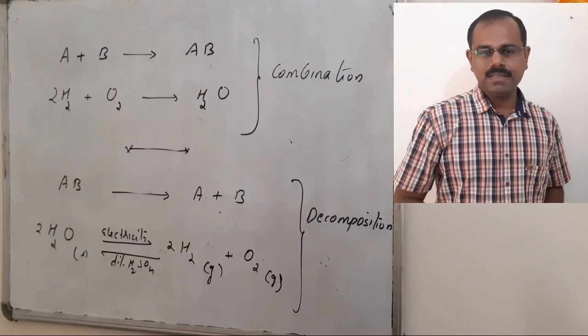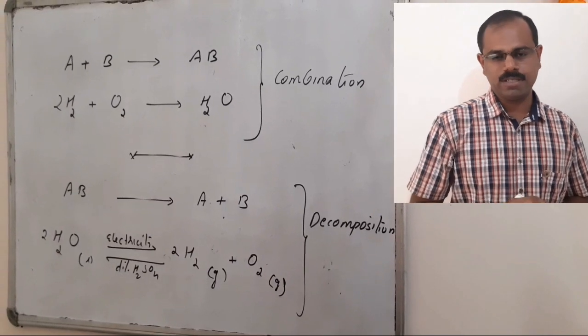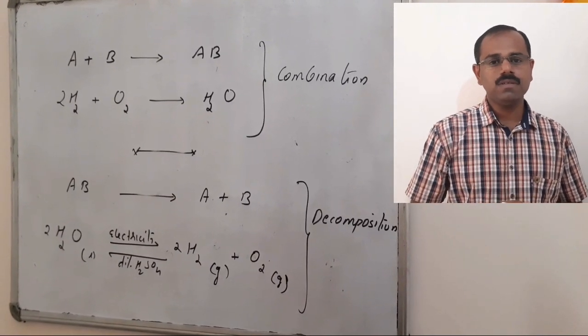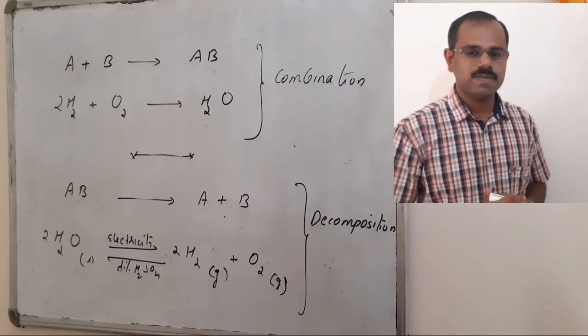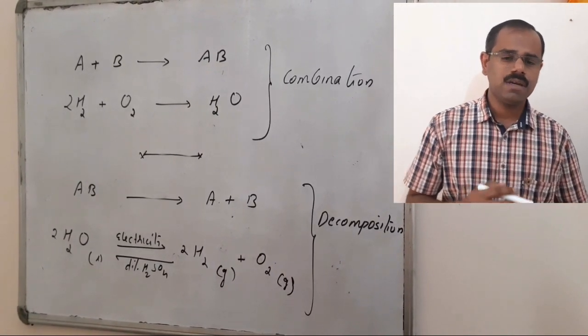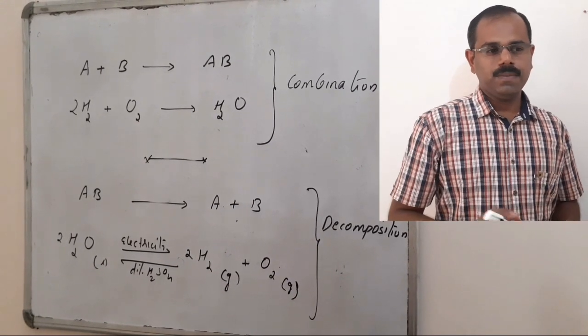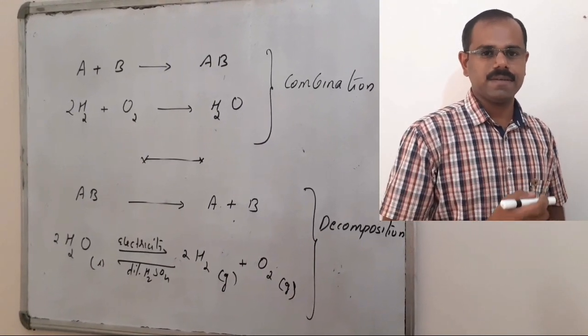We have already learned combination reactions and decomposition reactions in the last section. And we used the general formula such as A plus B gives AB for the combination reactions and AB gives A plus B for decomposition reactions.